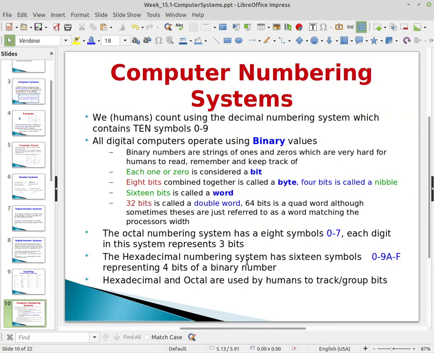All right, so again, humans, we like to count in the decimal numbering system, so we use the symbols 0 through 9 as our 10 unique symbols. But digital computers always use binary. Okay, there's no such thing as a hexadecimal computer.